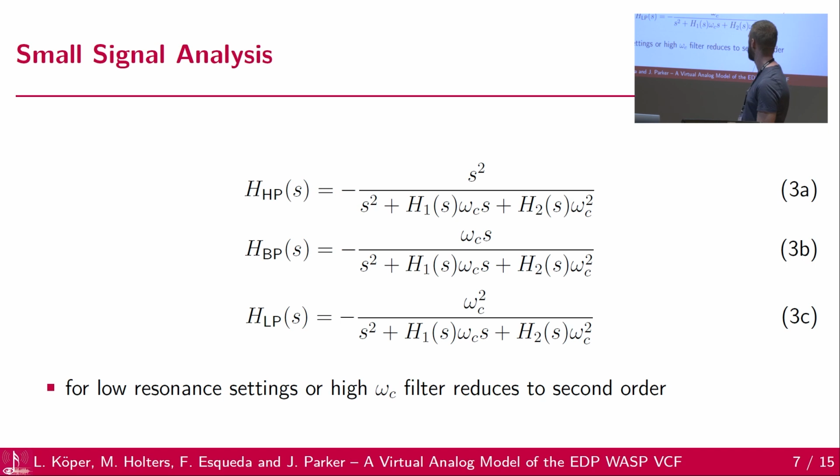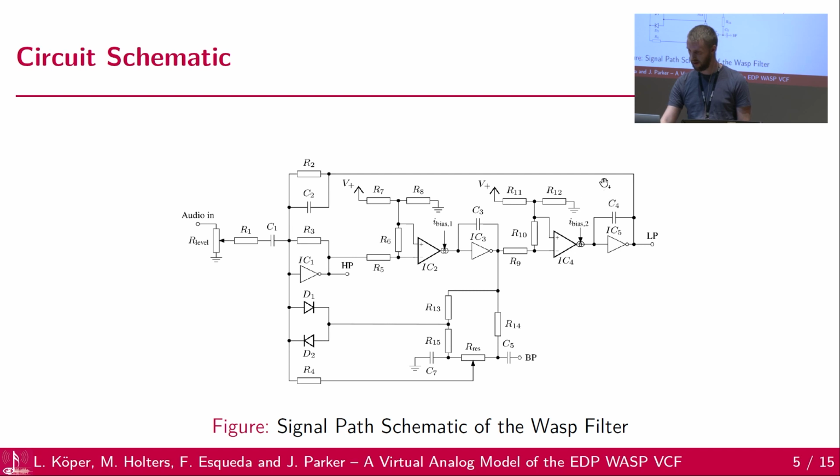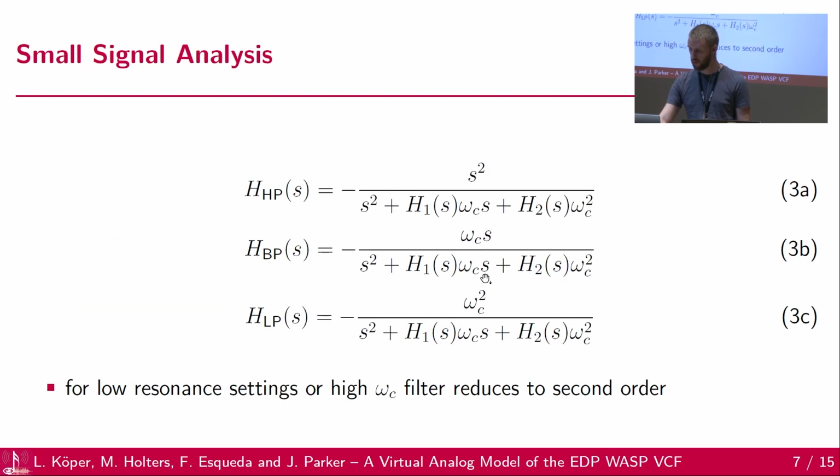And if we would compare this to a linear and common state variable filter of second order, you would see these transfer functions H1(s) and H2(s) would be constants. And in this case, they represent the feedback network. So H1(s) is basically this path here, the first feedback path from the low pass, and then we have H2, this is the feedback path from the bandpass output.